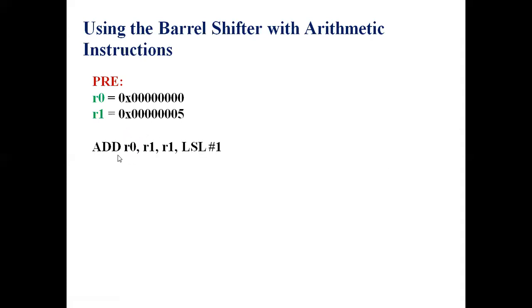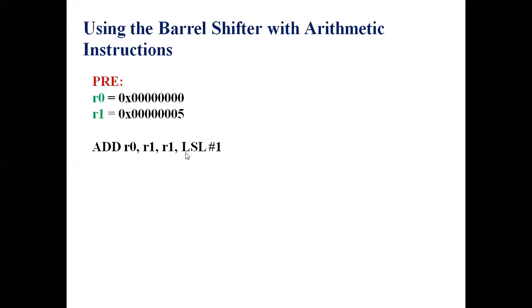Now you see here, this is ADD R0, R1, R1, LSL #1. Here is how the operation is performed. Get the content of R1 and shift it left by 1 bit, which also means multiplying the content of R1 by 2.